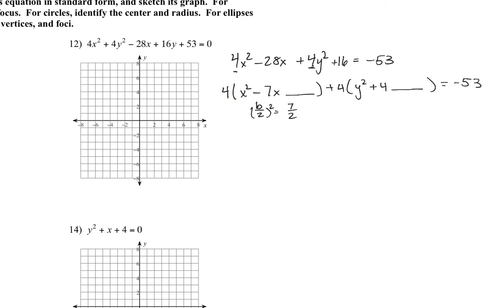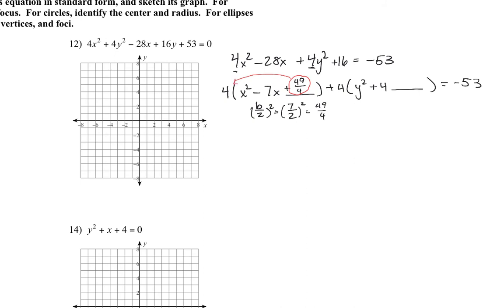So 7 over 2 squared, that's going to be 49 over 4. Don't freak out with the fraction. It's actually not going to be a big deal. I'll just write it right here. So 49, because that's 7 times 7, and then 2 times 2. So 49 fourths. Now remember, when we go to write this on the other side of the equation, we're going to have to take that value and multiply times the 4 out front.